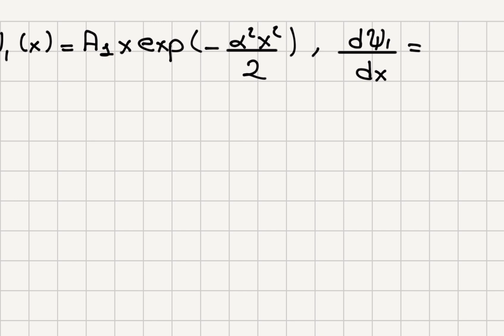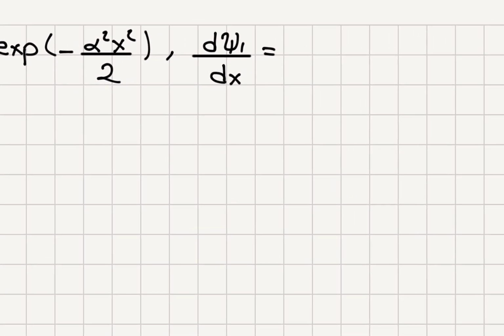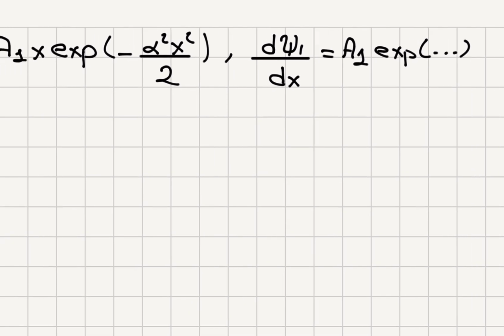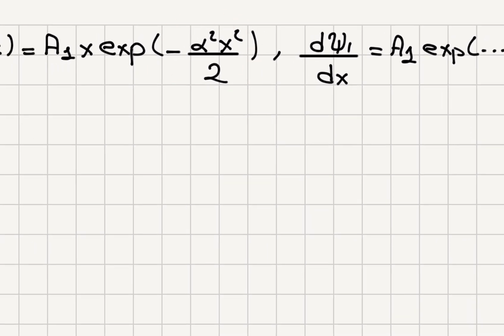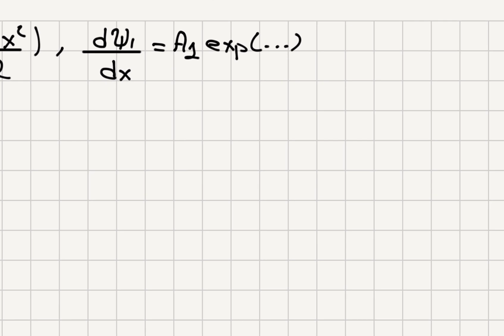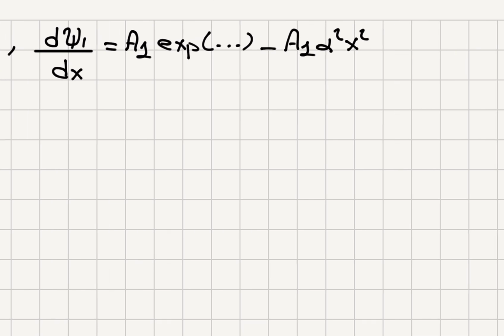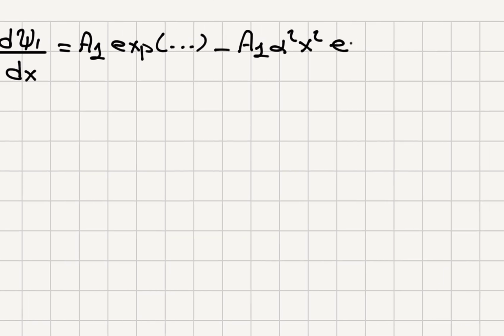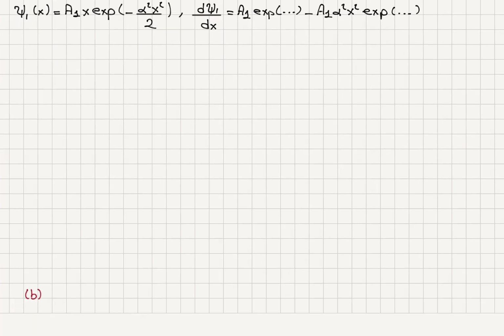So this is a1 times the exponential. That's the first term. And then take the derivative of the exponent, which is minus 2 alpha squared x over 2. So minus alpha squared x multiplied with x gives us minus alpha squared x squared. So minus a1 alpha squared x squared times the exponential term. So that's the first derivative.